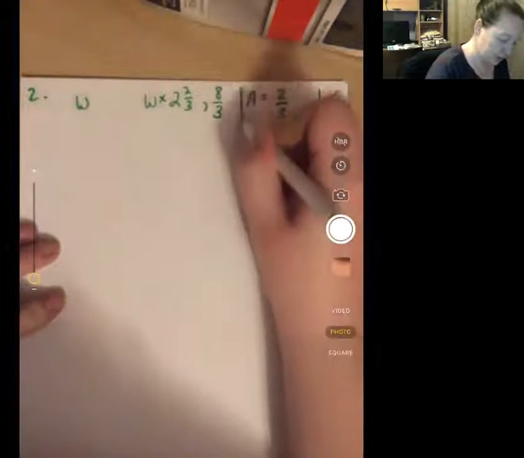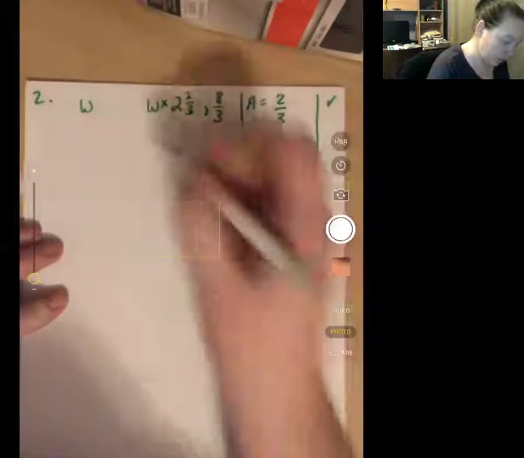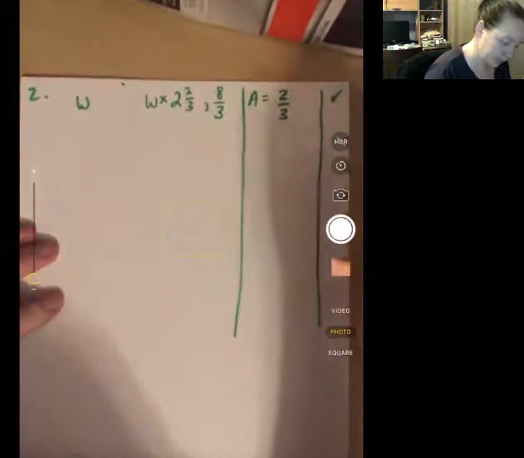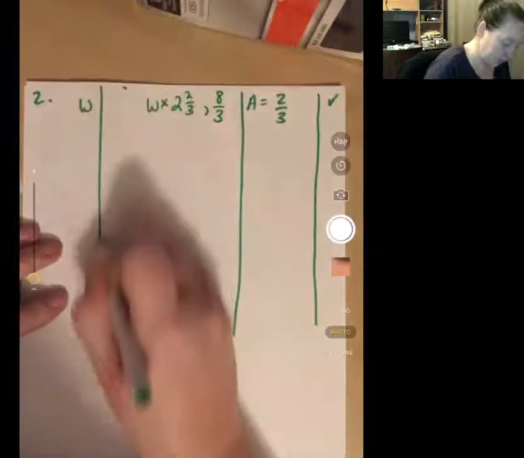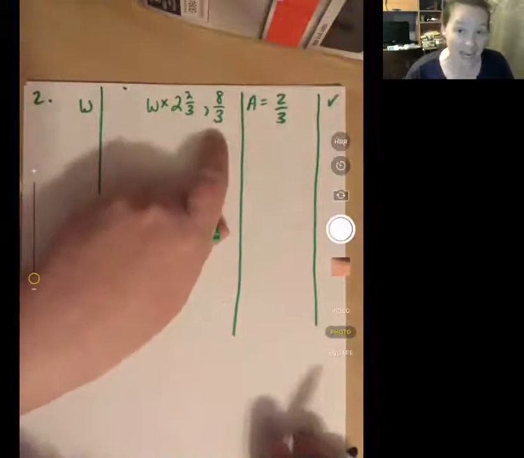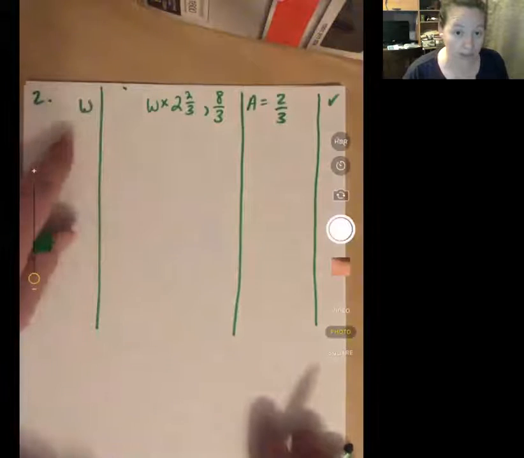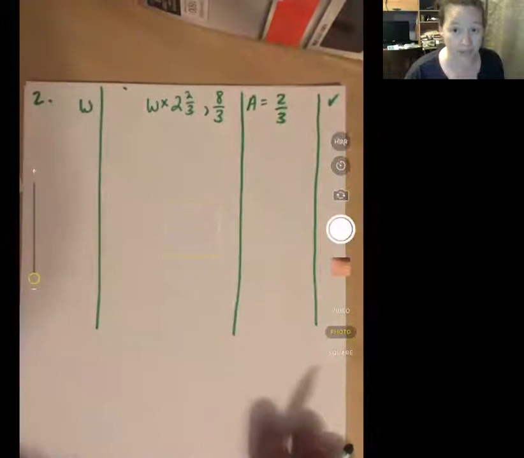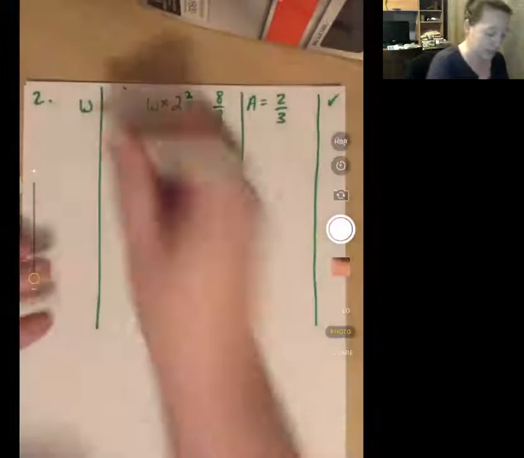All right. So let's see what all I need to get this going. I need to end up with a third. I already have a third. So my width is going to be a whole number. I just don't know what whole number yet.